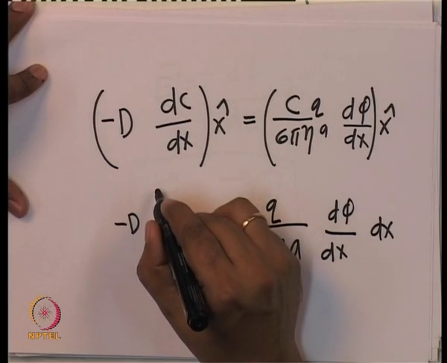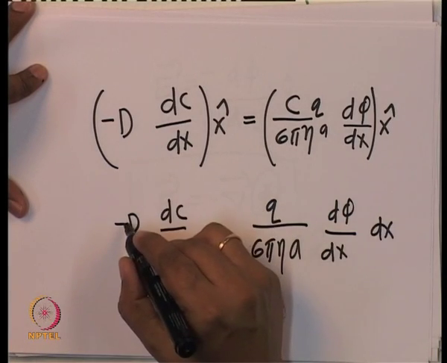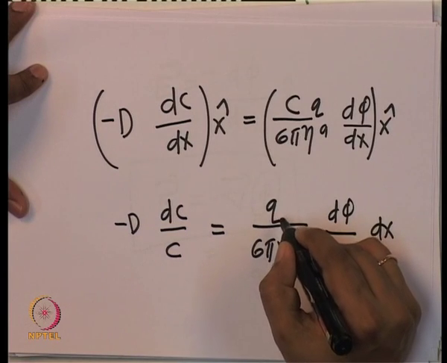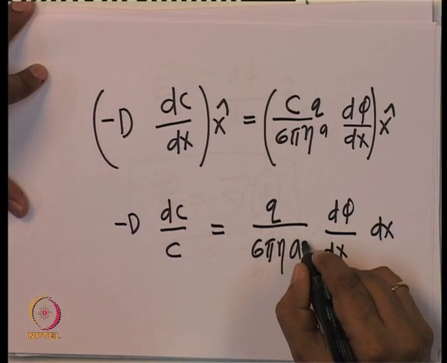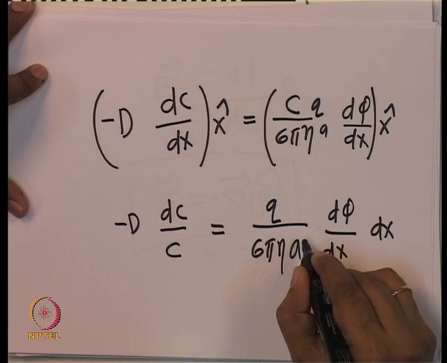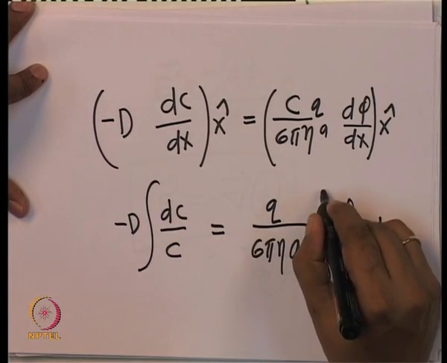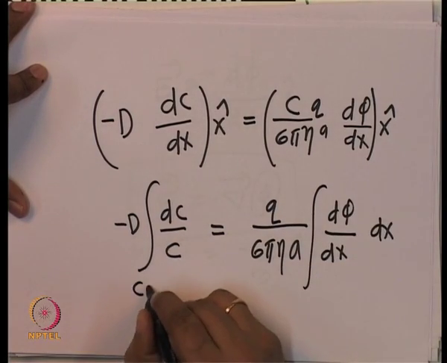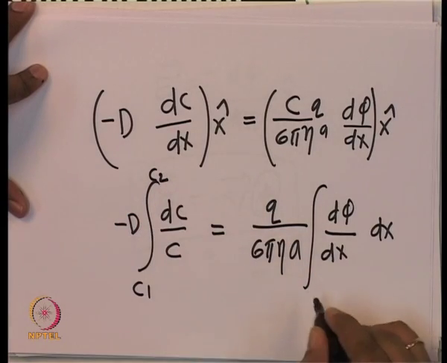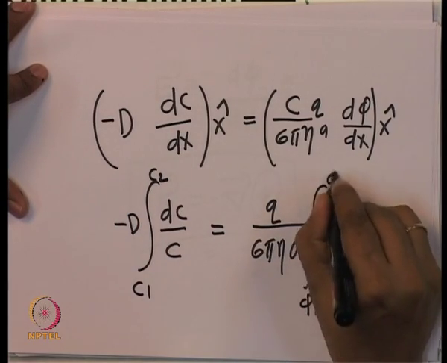Now, we have to integrate. If you wish, I can take this d also this side, but I can integrate both sides, this C1 to C2 and this phi 1 to phi 2.